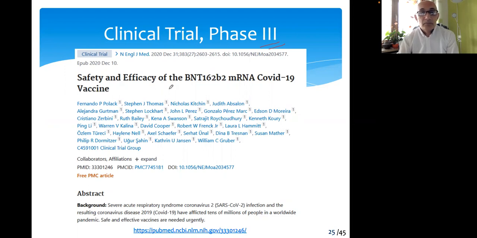And in this example here, let us read the title: Safety and Efficacy of the BNT162b2 mRNA COVID-19 vaccine. This weird name actually is what you know as the BioNTech vaccine.